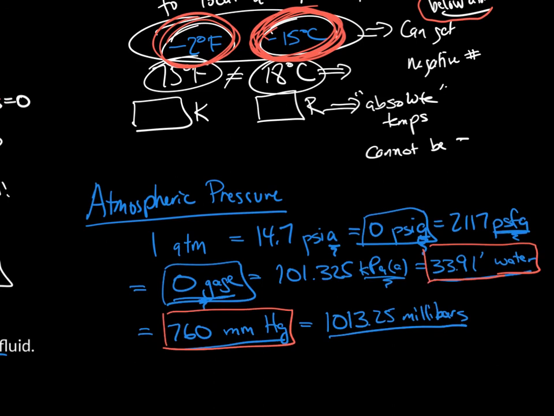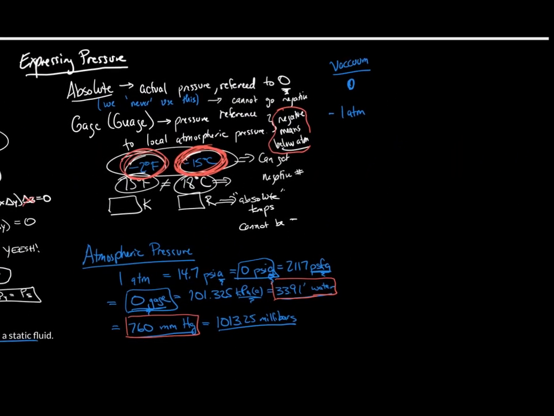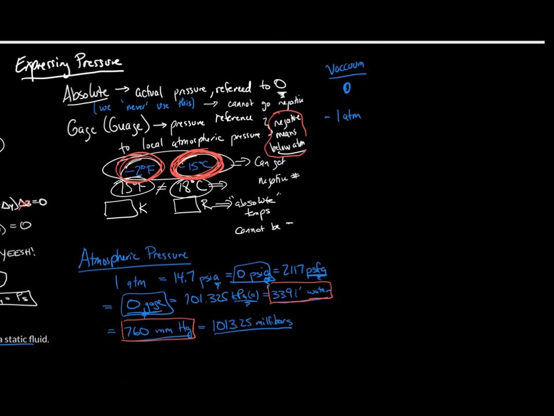One thing to remember, since we're still on gauge to absolute: if I've got -10 psi-G, what does that mean?